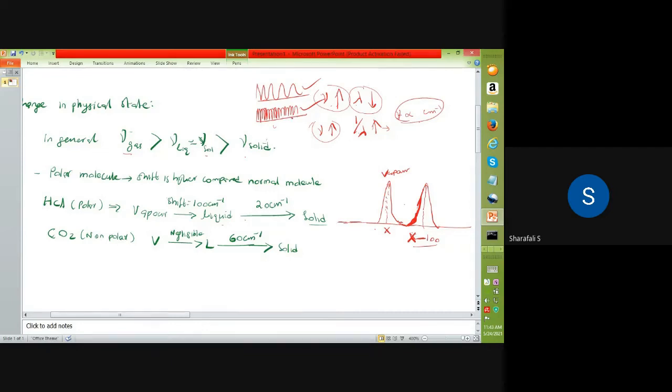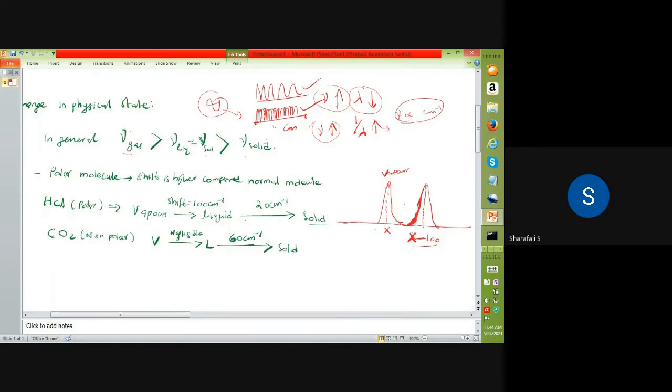For example, if you consider this is a centimeter, and you calculate the number of waves coming within this 1 centimeter for this particular frequency, if frequency is larger, the number of waves per unit length will be larger, which means the wave number will be larger. So frequency is directly proportional to the wave number.